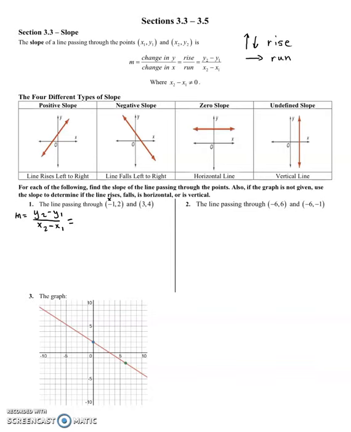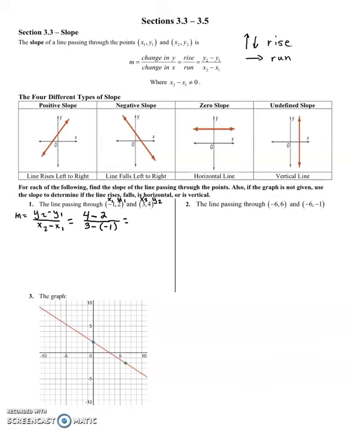So we have x1, y1 is our -1, 2, and 3, 4 is our x2, y2. So now we just plug in. So y2 is 4, minus y1 is 2, and we're dividing that by x2, which is 3, minus x1, which is a -1.